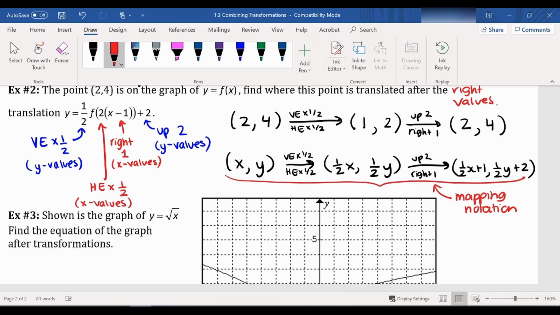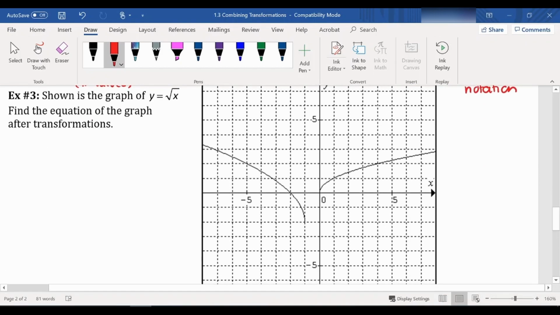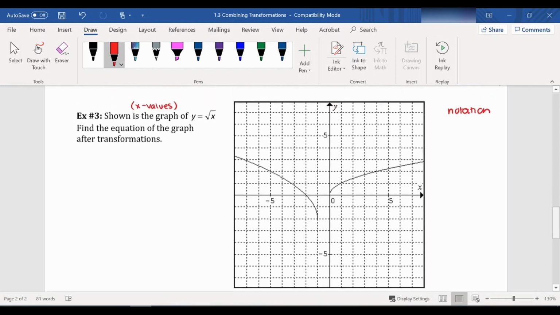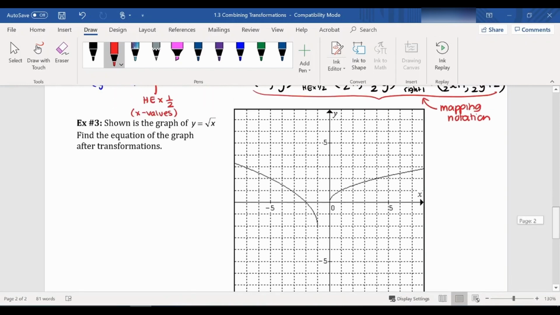All right. So you might be given a graph and an f of x with some transformations and asked to draw a new one. You may be given a single point and an f of x with some transformations and asked to find the new point. You might also be given something like this, where I have given you the graph of root x, which is this one.